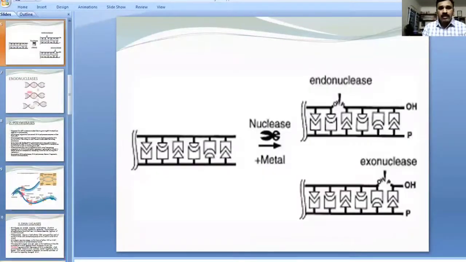Here you can see the diagram of both endonucleases and exonucleases. These endonucleases are commonly called molecular scissors because they can cut the DNA molecules. So the endonucleases cut the DNA inside or internal to the DNA molecule, whereas exonucleases cut at the terminal region or subterminal region of the DNA molecule.